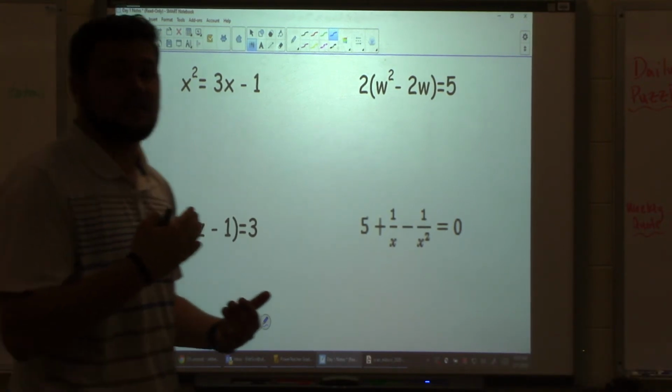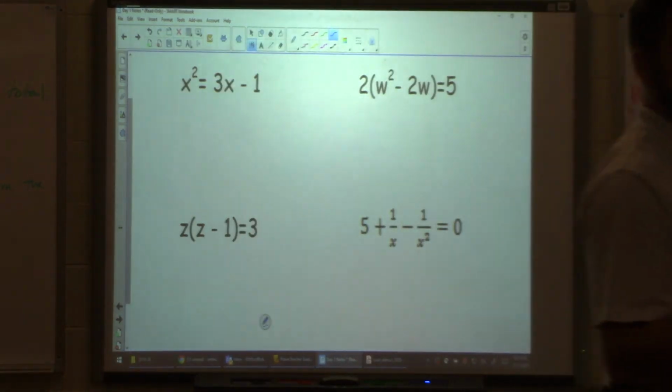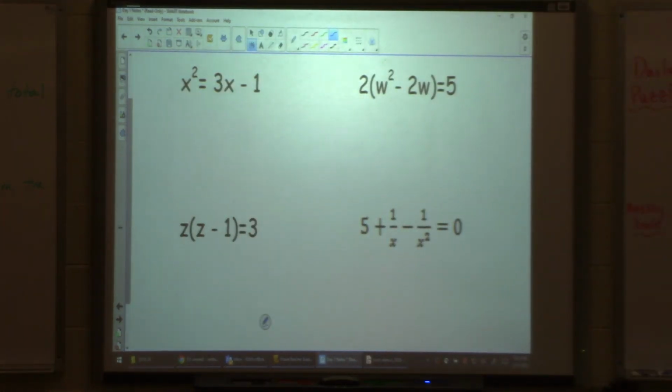Do not say subtract x squared. I'm not going to solve for x. I just want to get one side equal to 0. Yes, the 3x and the minus 1 on the side. We need to get the 3x minus 1 to the other side.